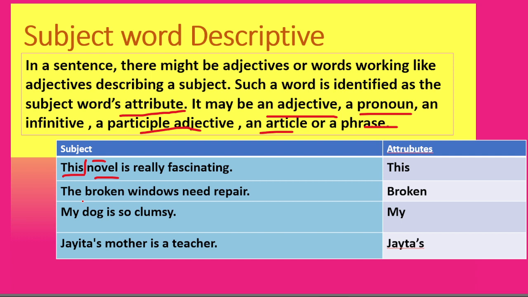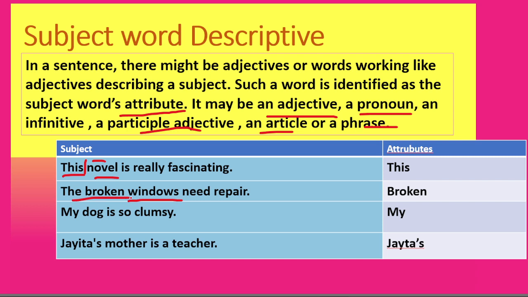In the second sentence: the broken windows need repair. So here the main subject is windows. That means subject word is windows. So the other words that are describing or telling us qualities about that window is the broken.